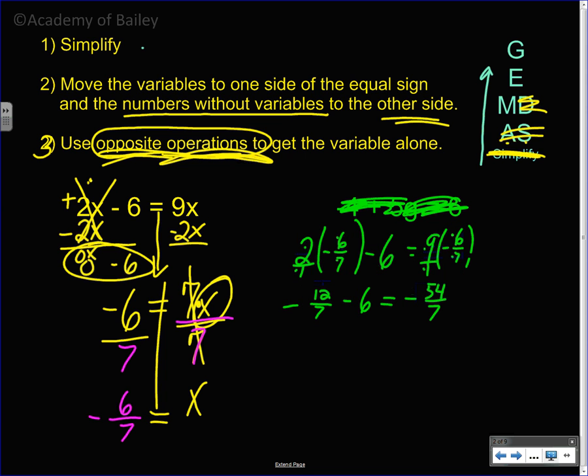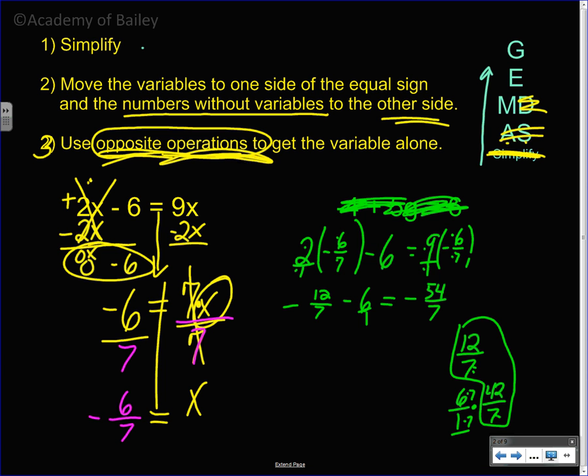So if we have a 12 over 7 and we have a 6 over 1, because remember this 6 is over 1, how do they have common denominators? Well, I know that if I multiply 1 by 7, I'm going to get 7, and therefore the denominators are the same. But if I multiply 1 by 7 down here, I've got to multiply 6 by 7. That gives me 42.